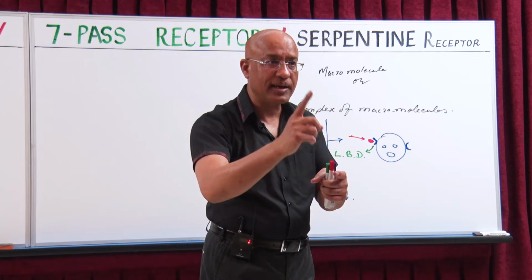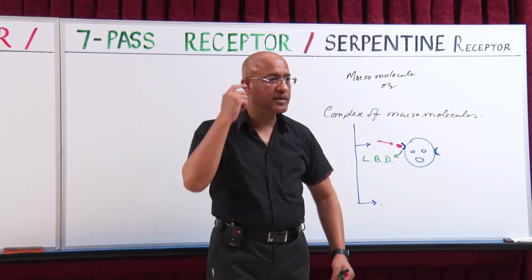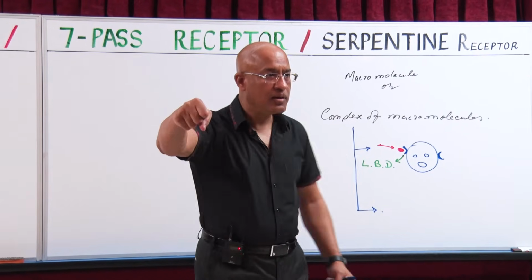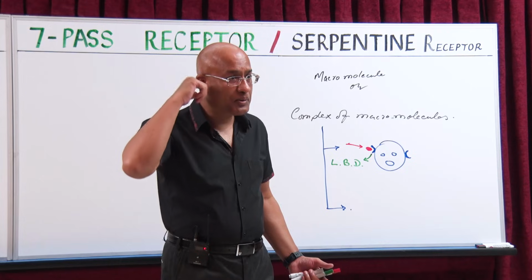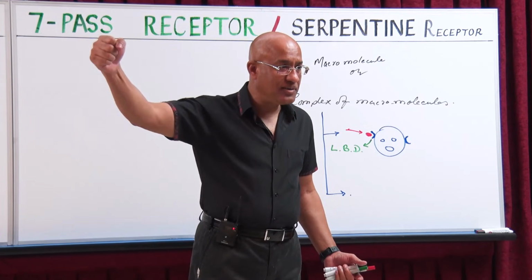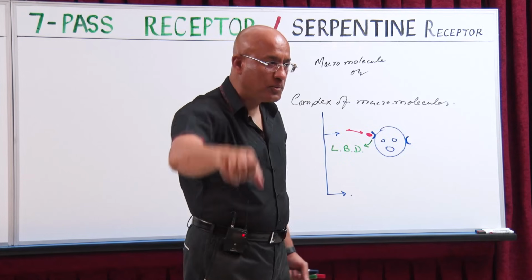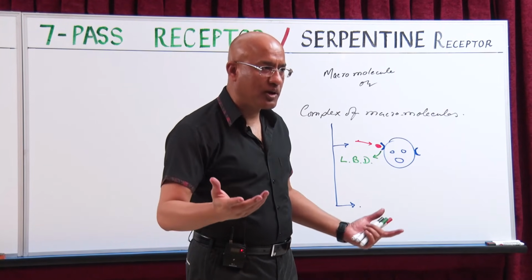At the ligand binding domain, right? And once it binds here, it is just like this: you pull my ear, and I might kick you if you pull my ear. So your hand is the ligand, my ear is the ligand binding domain, and the kick or response I give, that is the biological response.